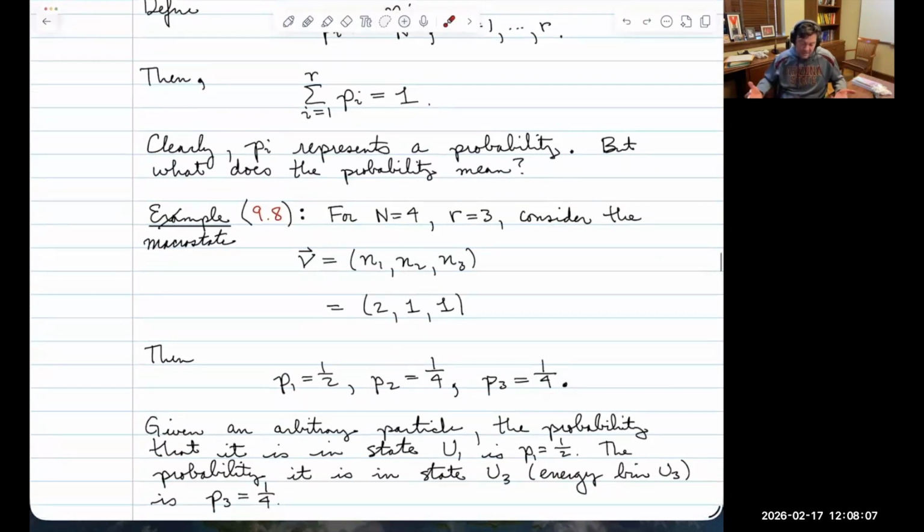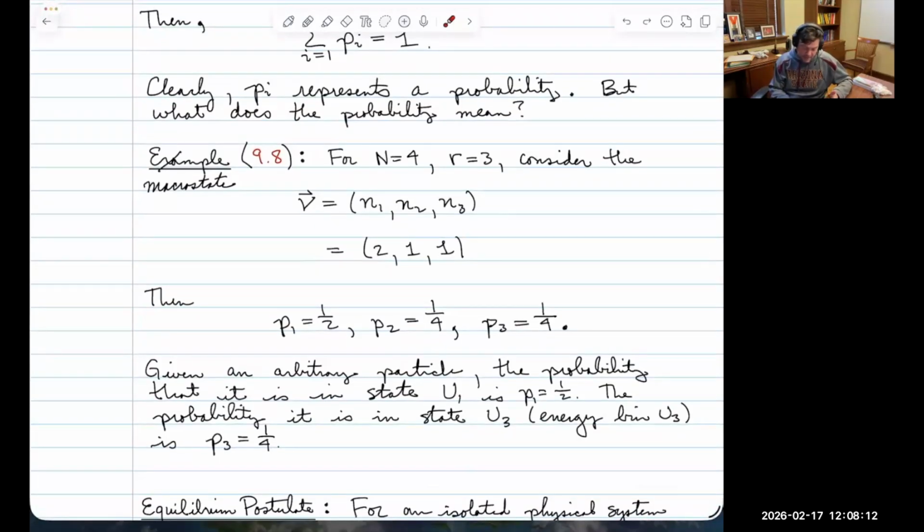So what probability distribution did I just create here? Well, if I have this macro state and I pick a microstate at random, or let's say I pick a particle at random out of any one of the microstates that I have, what's the probability that it's going to be in bin number 1? Well, the probability is going to be a half. What's the probability that a particle chosen at random is going to be in energy level 2?